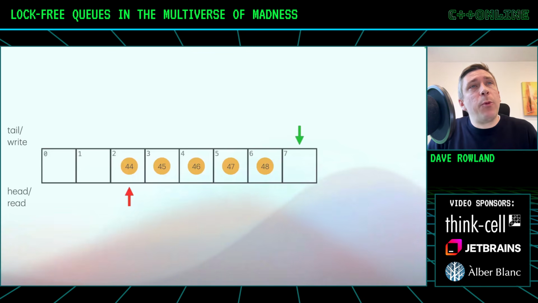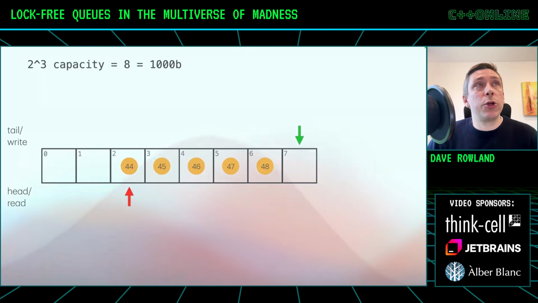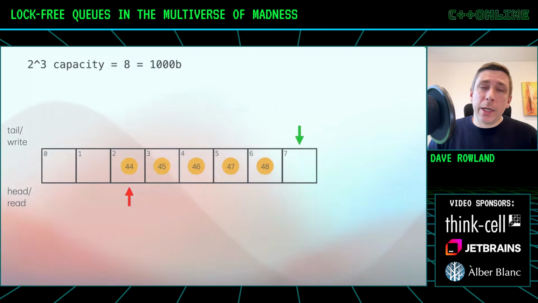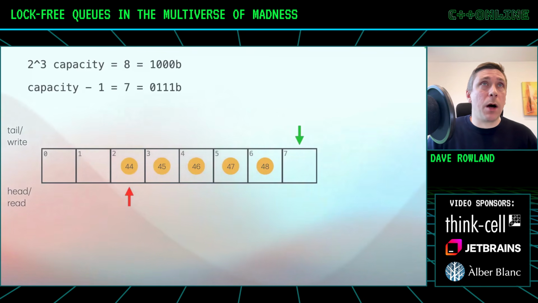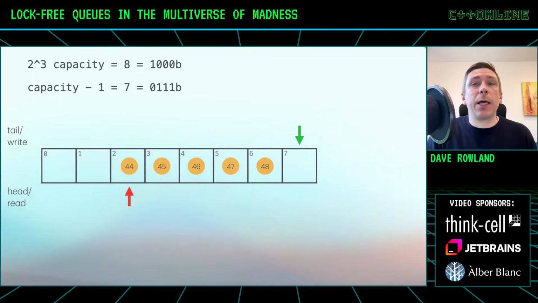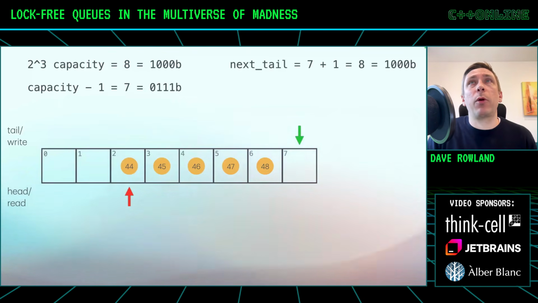If we make our queues a power of 2, here we have 2 to the power 3, which gives us a capacity of 8, we can calculate a bitwise mask by subtracting 1 from that capacity. And that mask will be all ones. Then we can use that instead of a modulo to mask with our head and tail counters to do that wraparound.